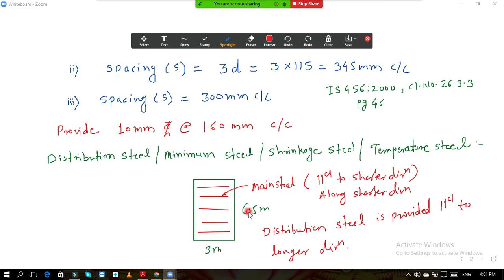In the shorter direction, we always provide the main steel. The steel parallel to the shorter direction is always your main steel, and distribution steel is always parallel to the longer direction. So these bars will be like this, vertical bars. So now we will calculate the distribution steel.